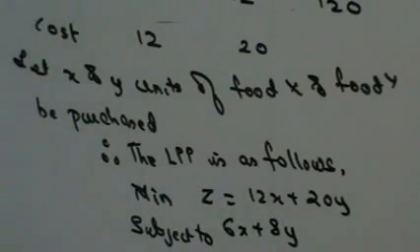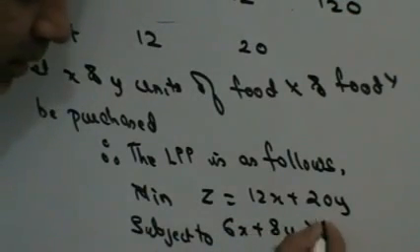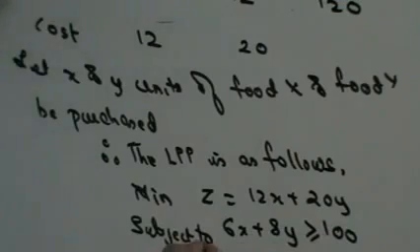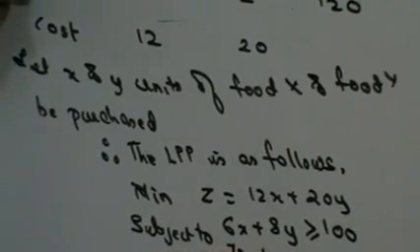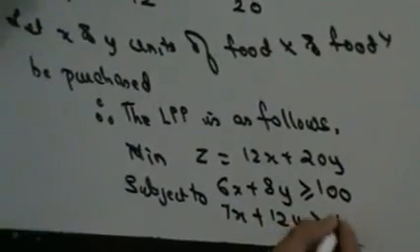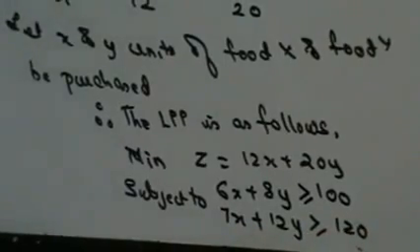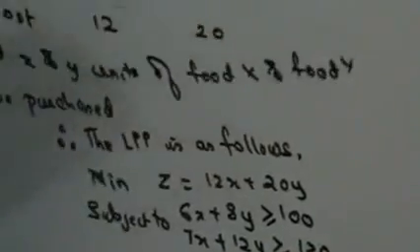Now, minimum daily requirement means I should consume 100 units or more than 100 units, so it will be greater than or equal to 100. 7x plus 12y is greater than or equal to 120, and x is greater than or equal to 0, y is greater than or equal to 0.